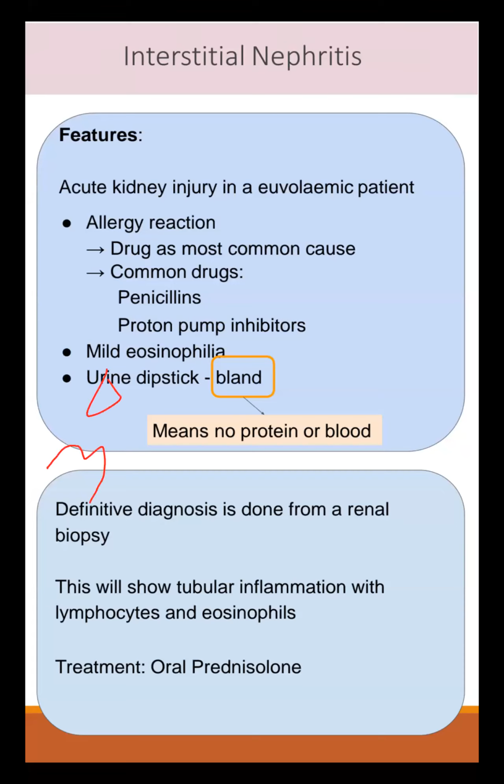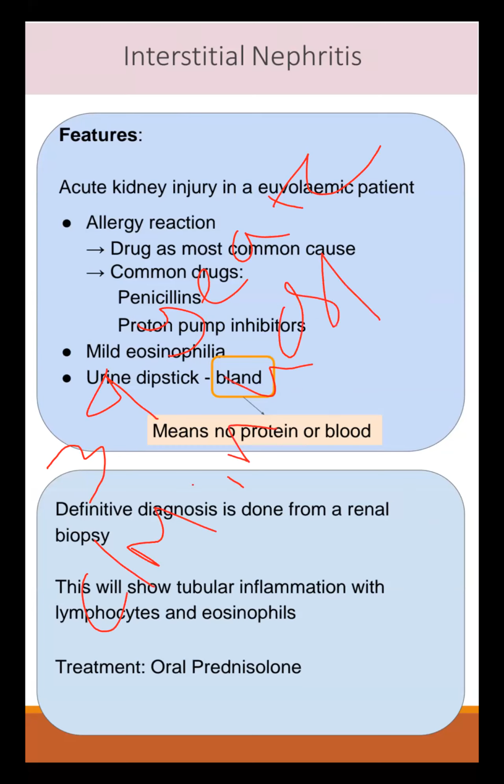A 34-year-old female comes to your hospital, to your clinic, with decreased urine output and eosinophilia on urinary culture.